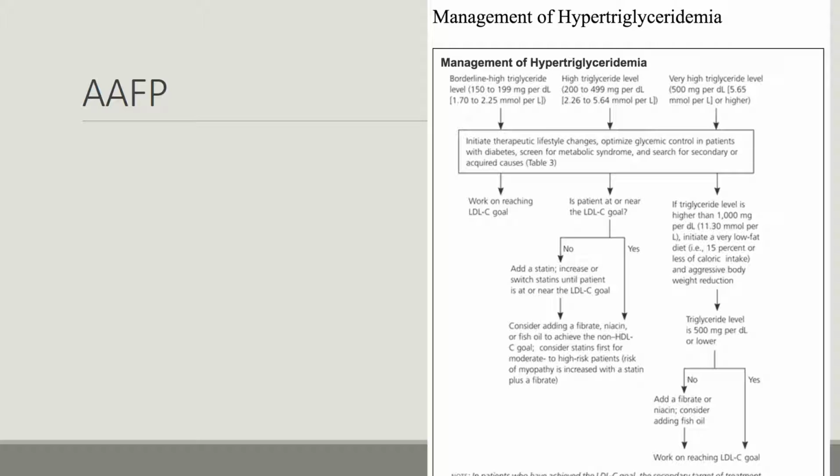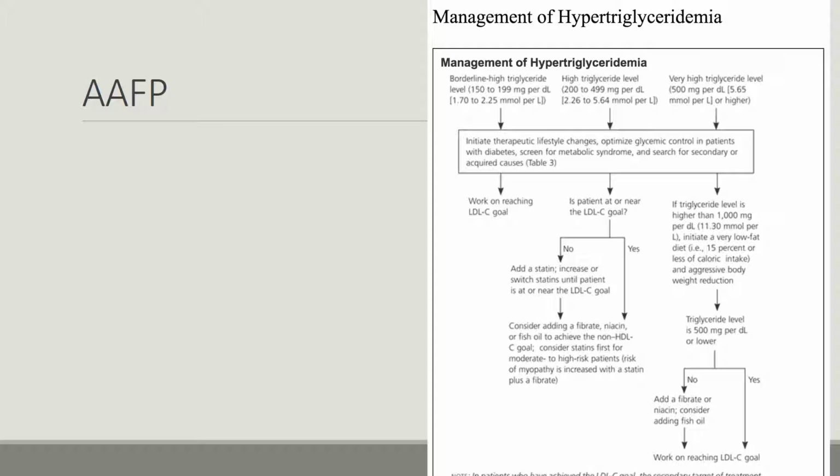People with high triglycerides, majority are therapeutic lifestyle changes, and depending on their LDL and their ASCVD risk, statins and possibly fibrates, depending on their cholesterol and triglyceride levels.